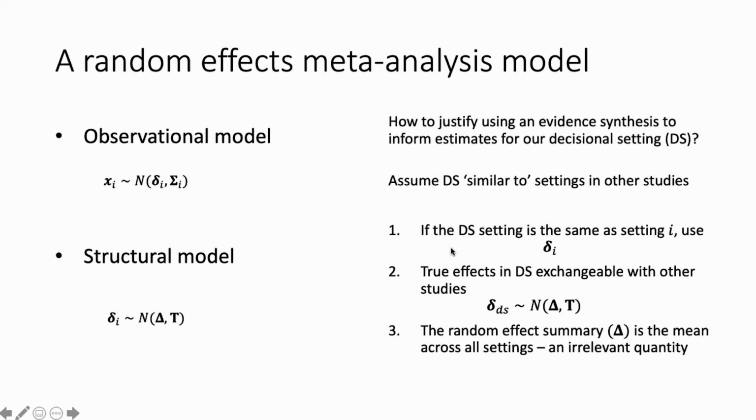And what does this mean? It means that if my decisional setting is exactly the same as the setting in one single index study, then what I should be doing is using this estimate of the true effect in the individual study to inform my decision analysis. And we have a name for this.